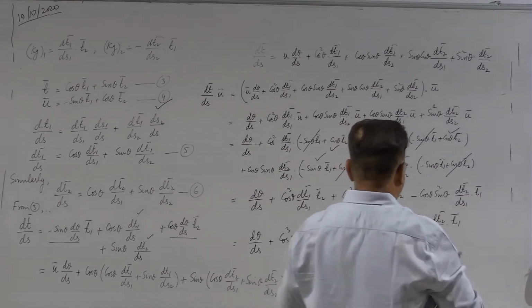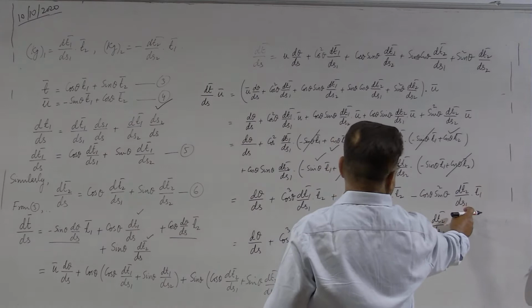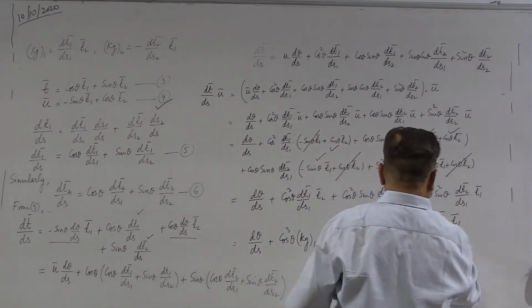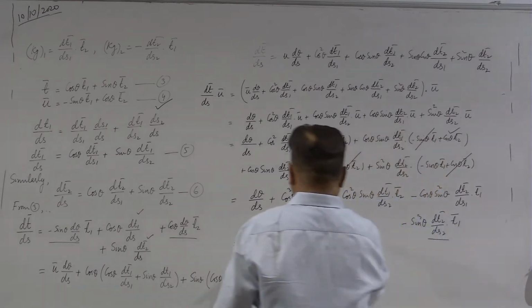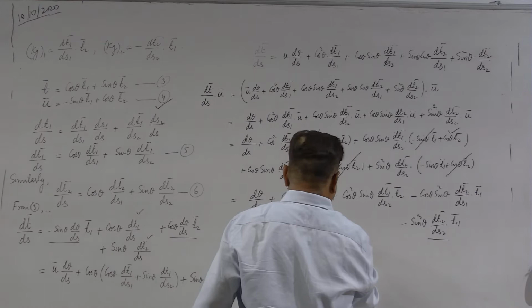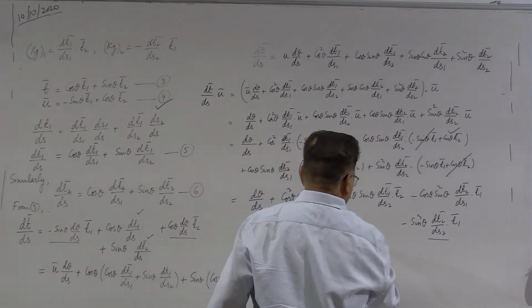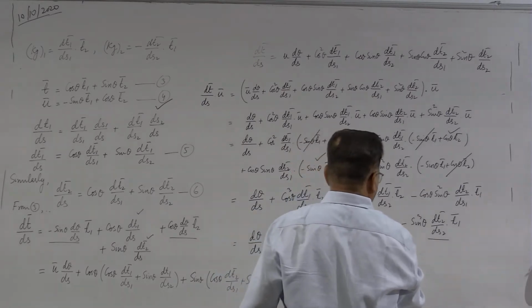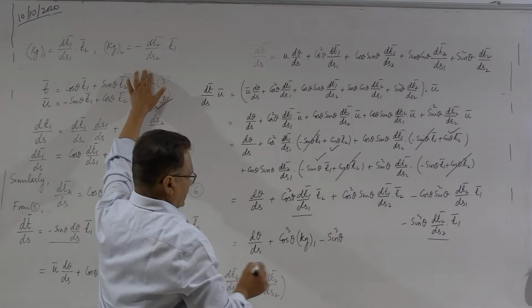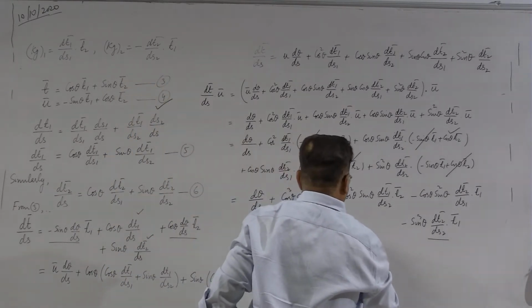Leave it, and then you have dt2 upon ds1 here, the fourth term. I will write this down first. Here I have written minus sin cube theta into dt2 upon ds1. There is a minus sign over here, so I will put it plus. So, this is kg2.